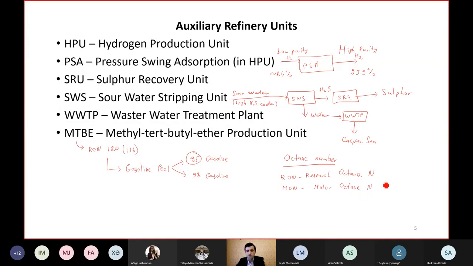Between RON and MON, the delta is around 10. Research means the theoretical octane number, which can be calculated. Motor octane number is measured with a motor or engine.